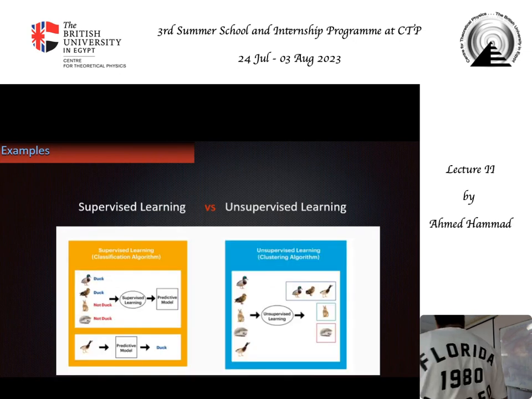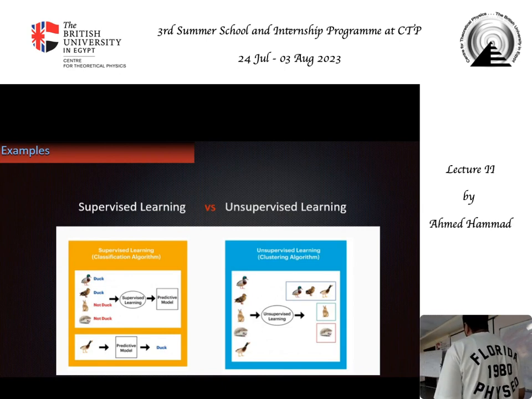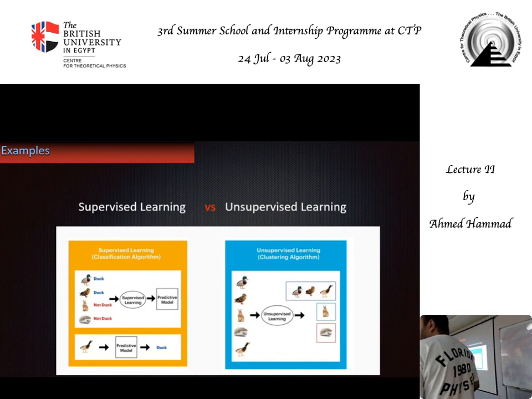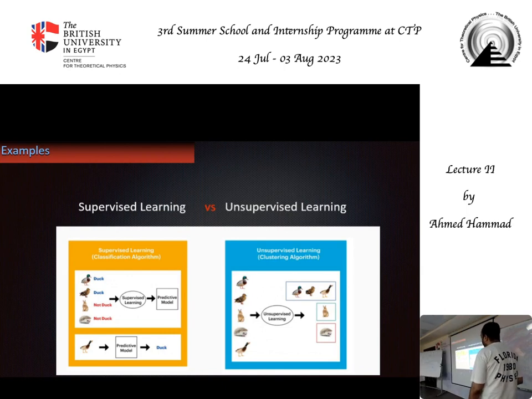Good. For images, here is another example of supervised and unsupervised learning. For supervised learning, we have different images of different animals: different images of a duck, a rabbit, and a hedgehog. I give the model labels, and I want the model to understand the characteristic features of the duck image.